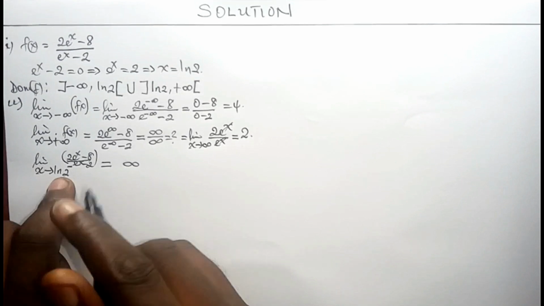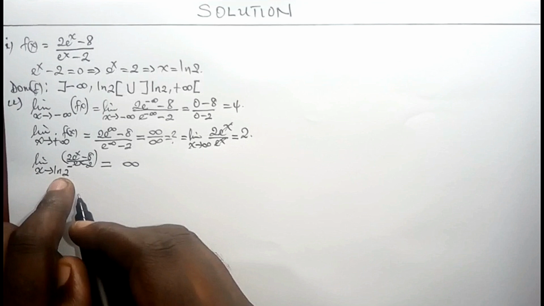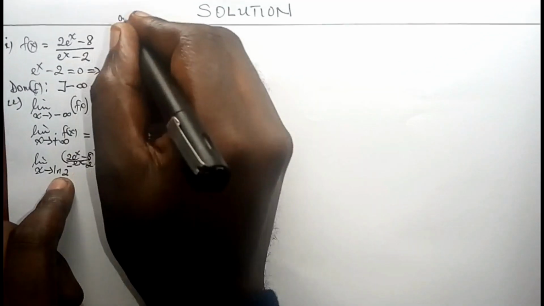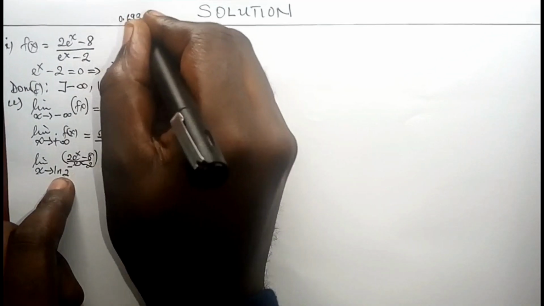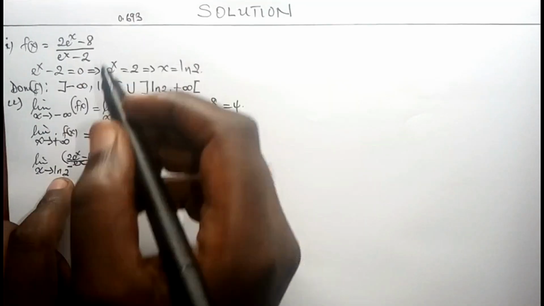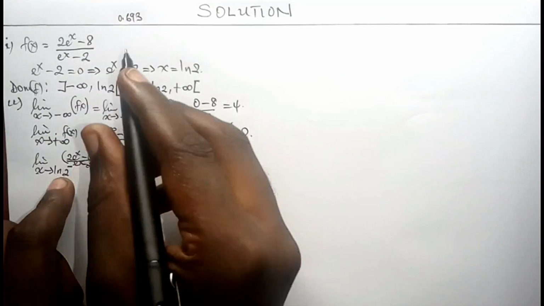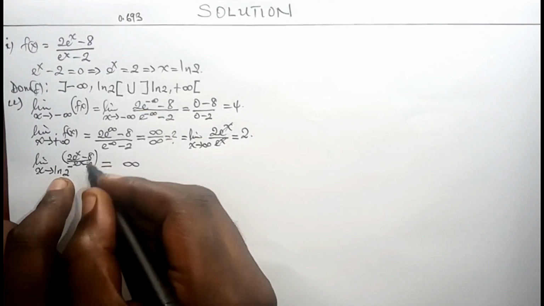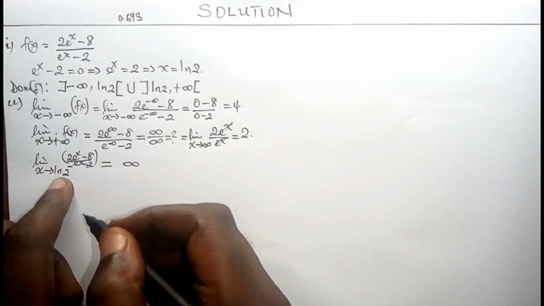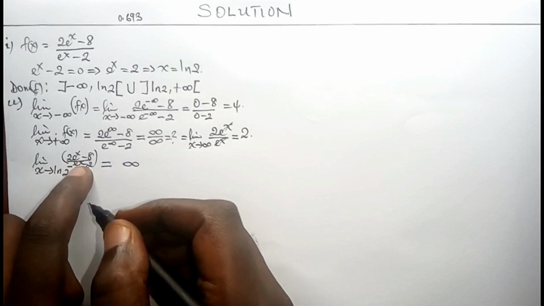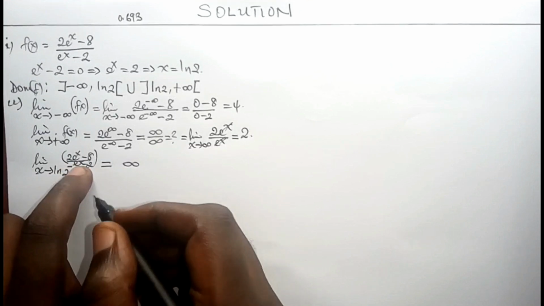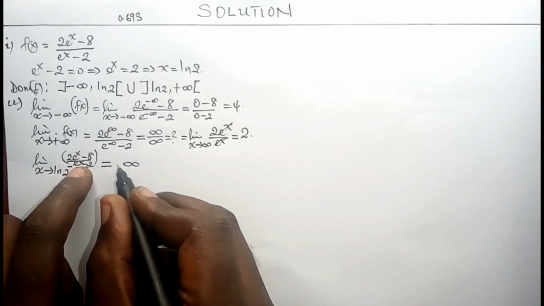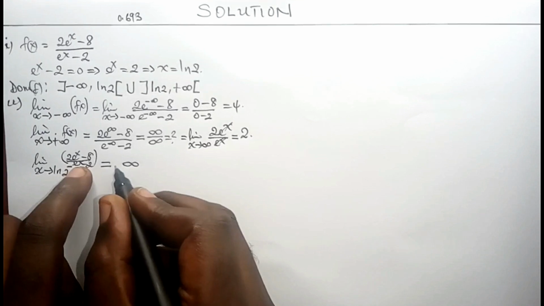Ln 2 is approximately 0.693. So a number to the left of it would be maybe 0.6. If I plug in 0.6 in this function, I will get a value, and the sign that that value has would be the same sign that this infinity would take.